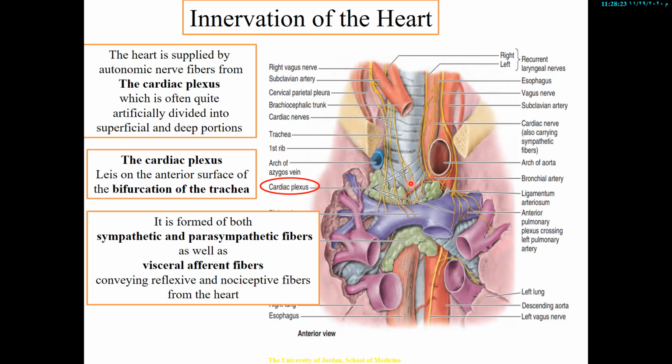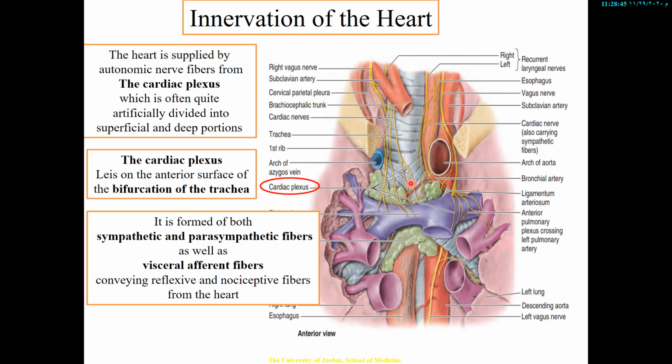Above it is the superior mediastinum. Below it is the inferior mediastinum. The arch of the aorta begins and ends at this level. The ascending aorta ends at this level. The descending aorta begins at this level. The tracheal bifurcation occurs at this level as well.